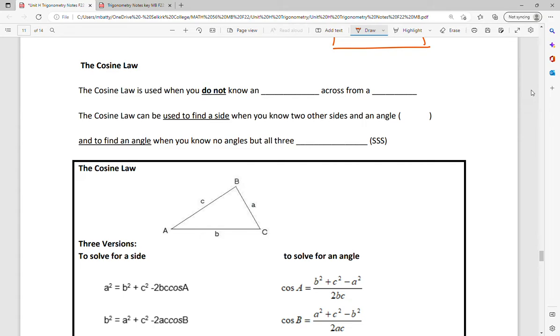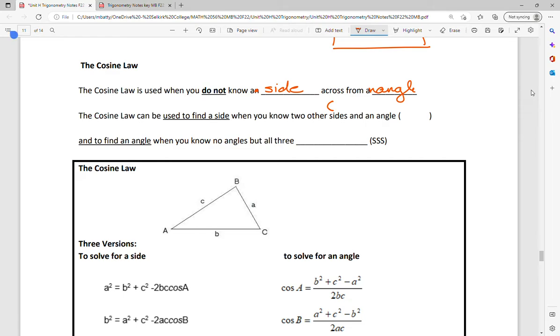So the cosine law is used when you do not know a side across from an angle. Oops, I think I got those mixed up. Either way, same idea. The cosine law can be used to find a side when you know two other sides and an angle, SAS.